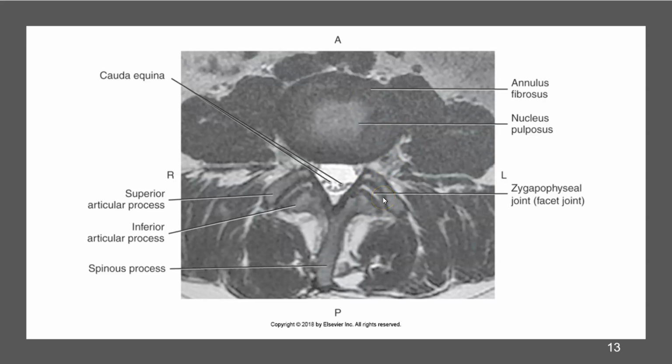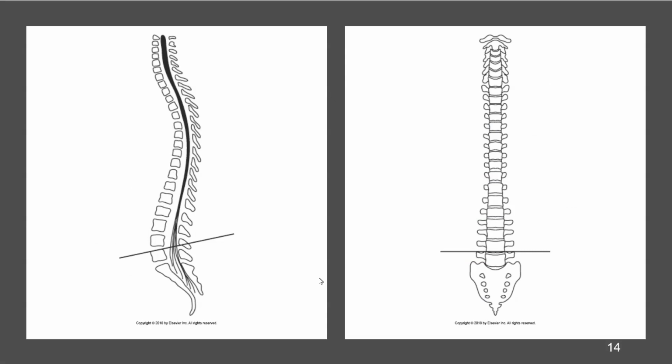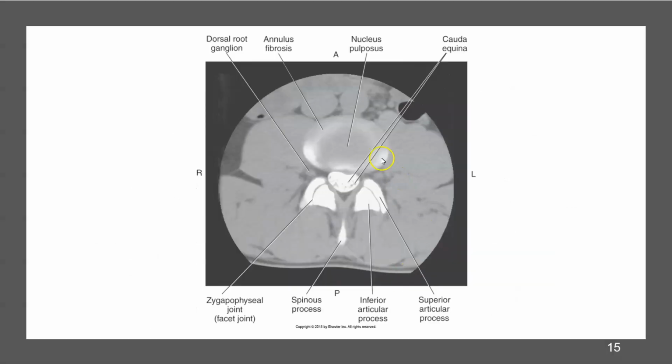This is an axial T2. This is the cauda equina within the CSF, so the nerves are kind of free floating there. Here's the superior articular process, the inferior articular process, and in the middle is the zygapophyseal joint. You can see the spinous process coming out here in the back. Looking here, same, but this is MRI.